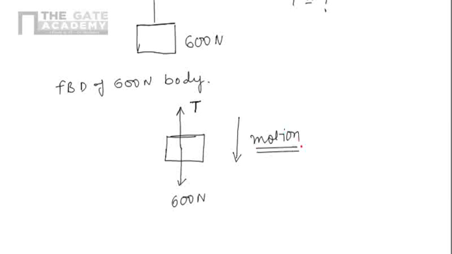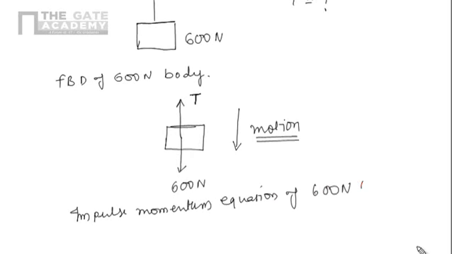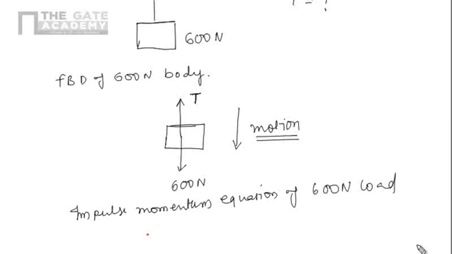So according to the impulse momentum principle, we can write the equation for the 600 Newton load. According to the impulse momentum principle, force into time equals change in momentum.